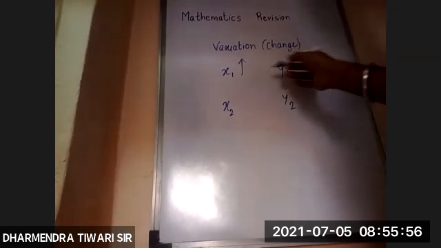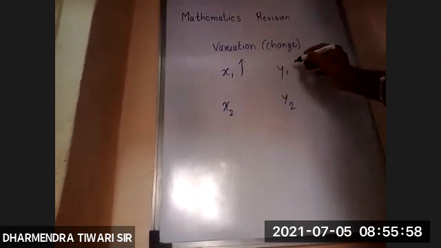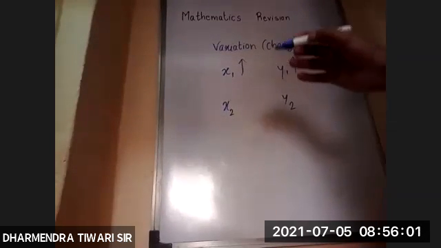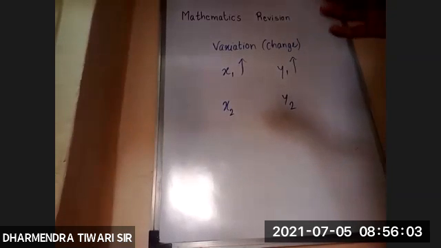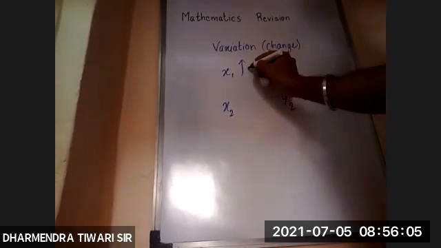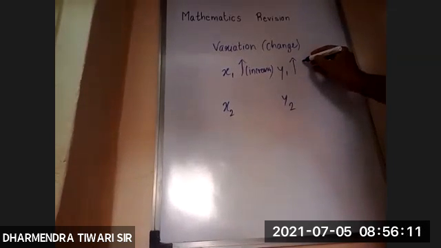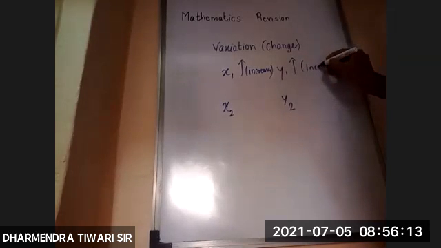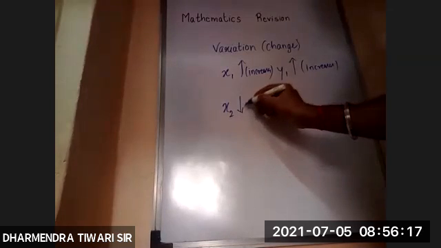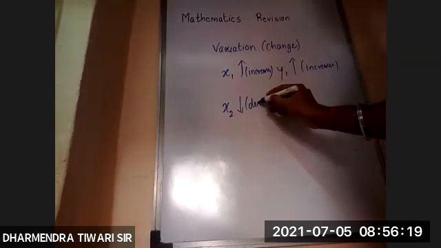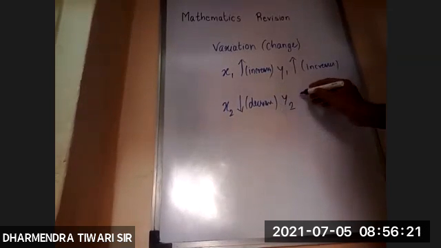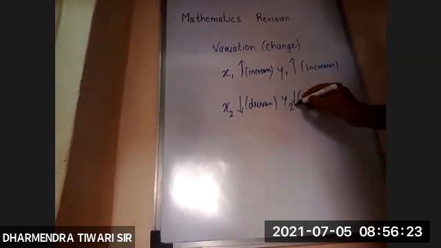Here I'll be saying x1 increases implies y1 also increases. The sign indicates increases. Y1 increases. X2 decreases, y2 also decreases.